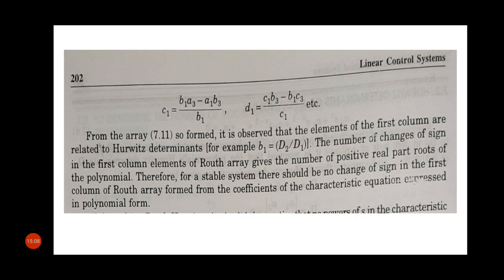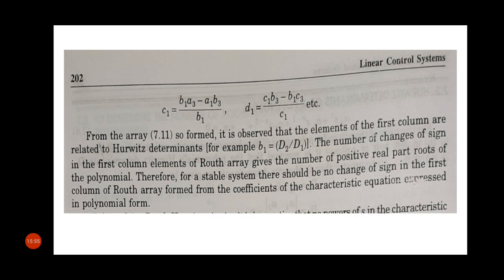Any absence of such powers indicates the presence of at least one positive real part root and confirms system instability by inspection.